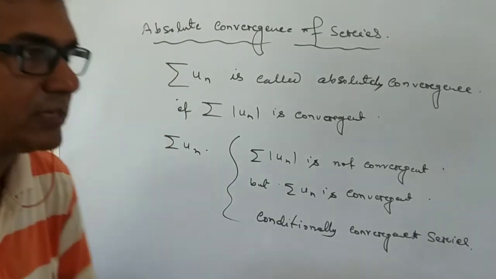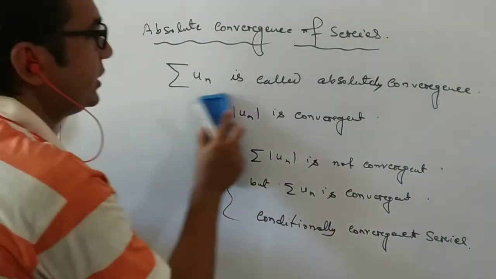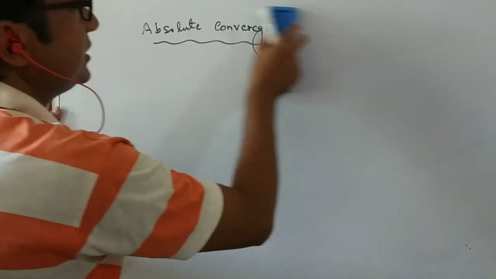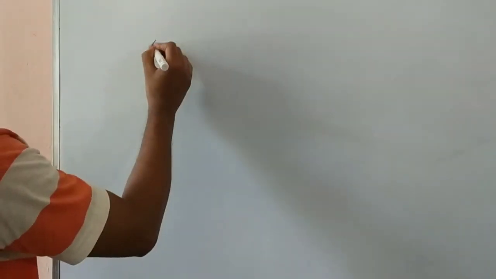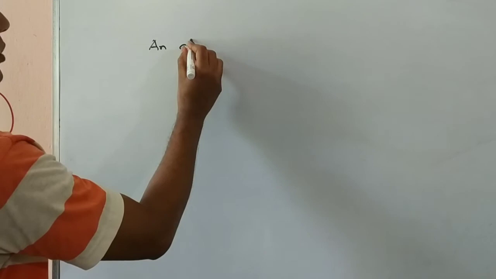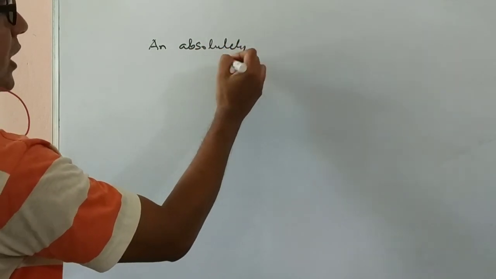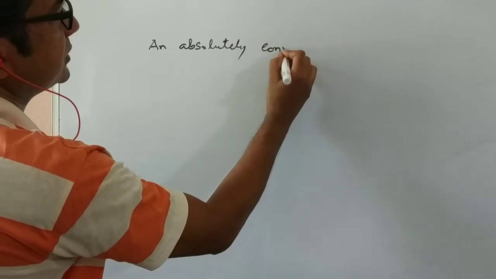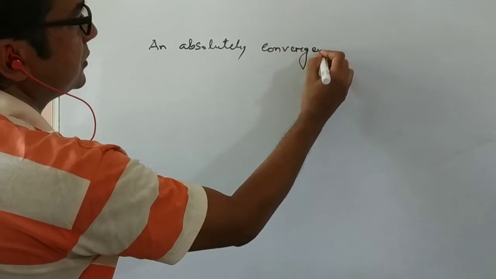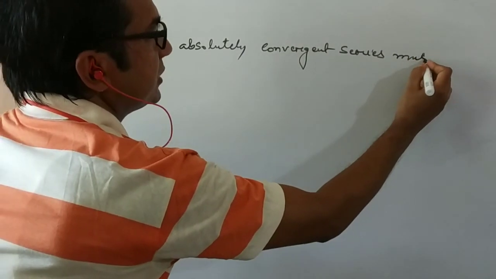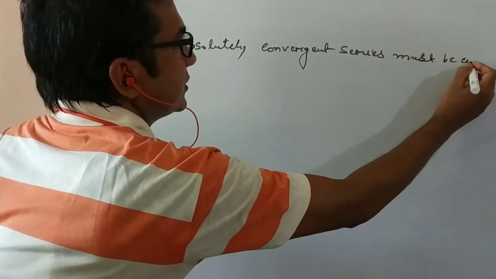Now we state an important theorem about absolutely convergent series. We say that an absolutely convergent series must be convergent.